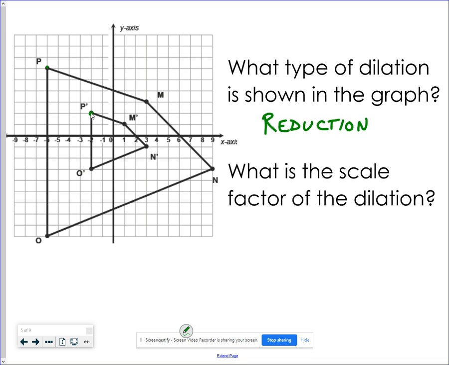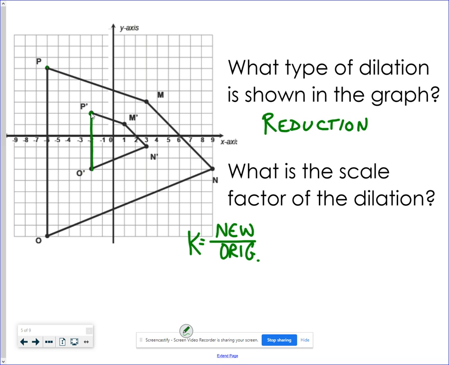And to find the scale factor, remember we talked about this in the last lesson, the scale factor is always going to be the new over the original, right? We usually use K for scale factor, but here I have two options. Either I can count how long this vertical piece is with the vertical piece that matches it.